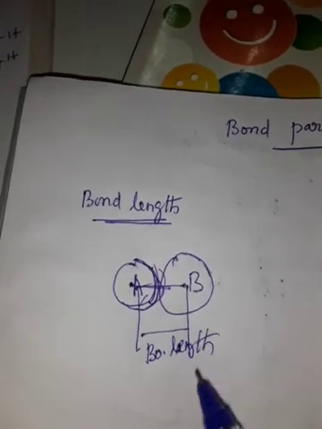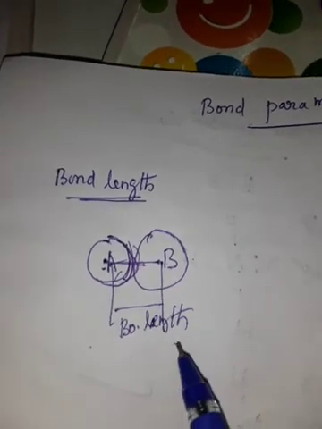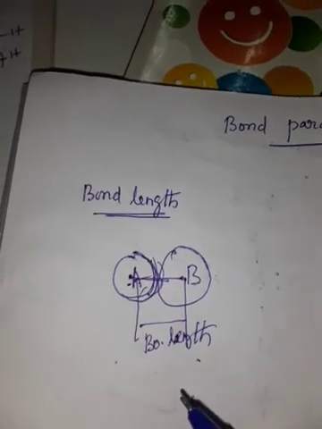The distance between the two nuclei of the bonded atoms is called the bond length.